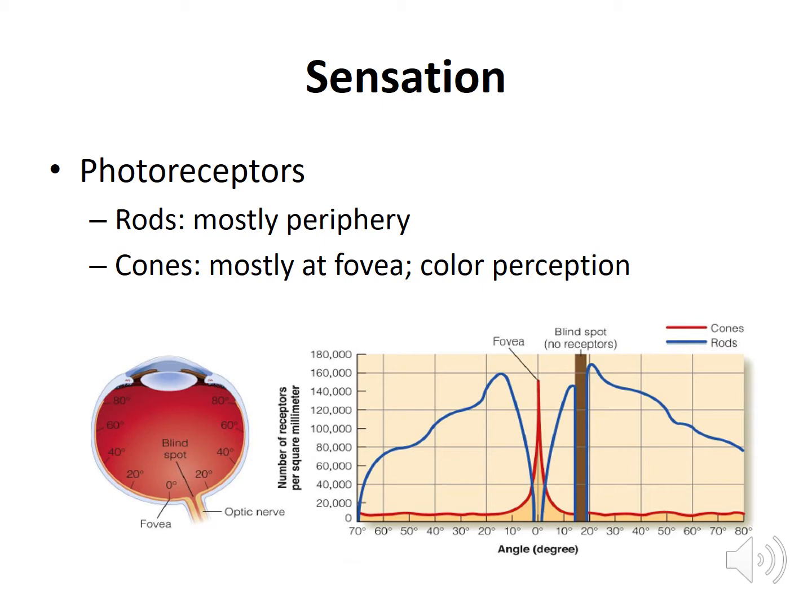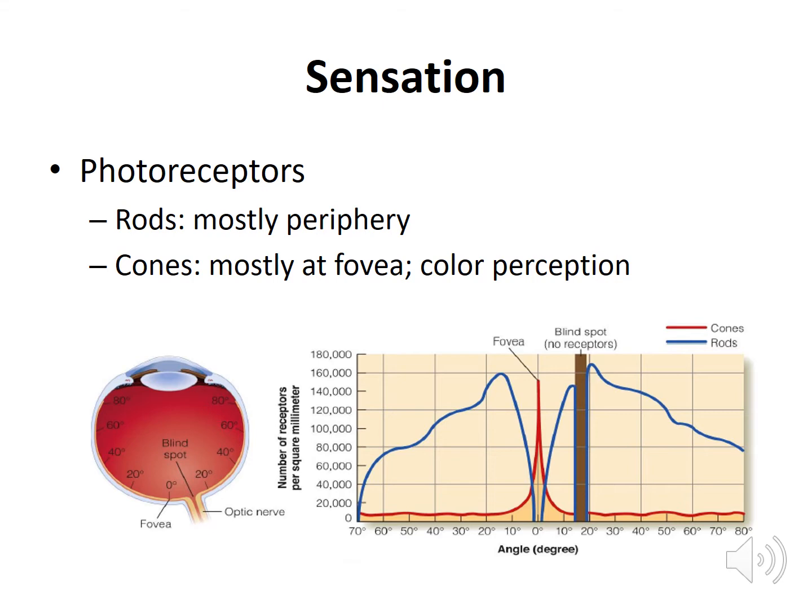However, the cones have higher acuity, so you have higher visual acuity there. And you can also see that there are plenty more rods than there are cones. Interesting is still that we perceive in color, and we not only perceive in color where we look at, where we focus at, but we also perceive in color in the periphery. So again, the difference between sensation and perception here.